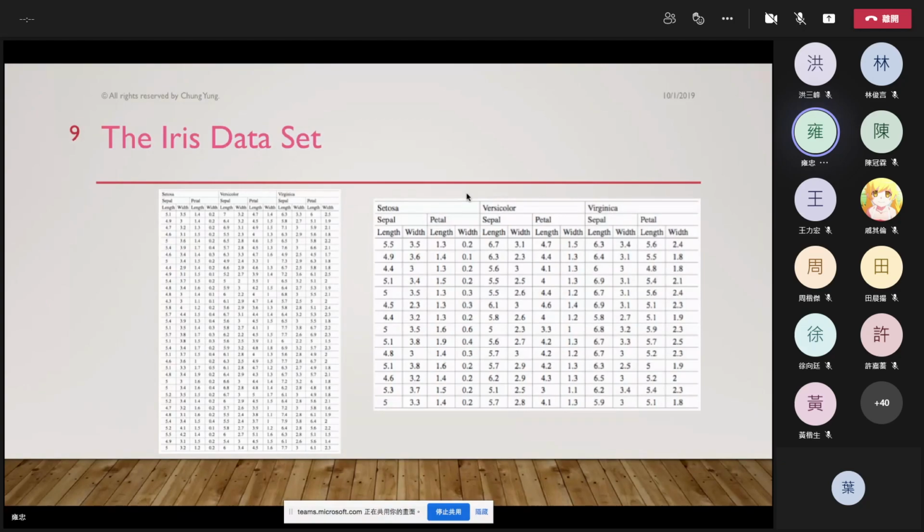Sepal is the green part, right? It looks like the leaf just below the flower. And petal is the pieces that constitute the flower. So when he saw an iris flower, he measured the width and length of the sepal and the width and length of the petal of these three kinds of iris flower.